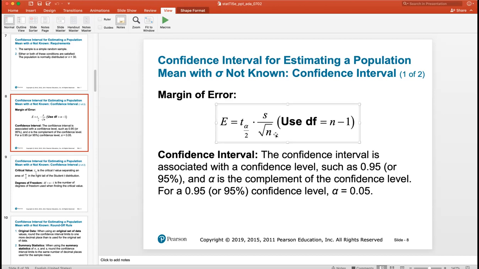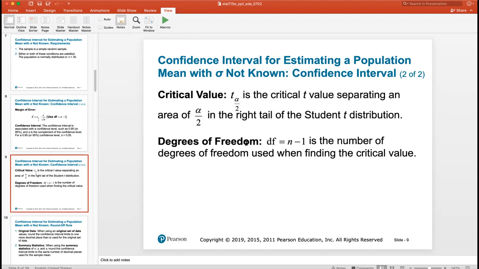As you can see, the confidence interval is associated with the confidence level such as 0.95 or 95%. Alpha is the complement of the confidence level, also called the significance level. For a confidence level of 95%, alpha is going to be 0.05, and alpha over 2 is going to be 0.025. Then we can find the critical value t sub alpha over 2.